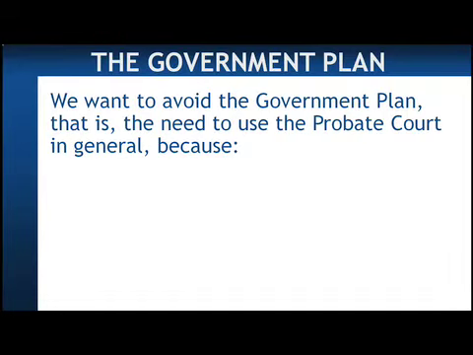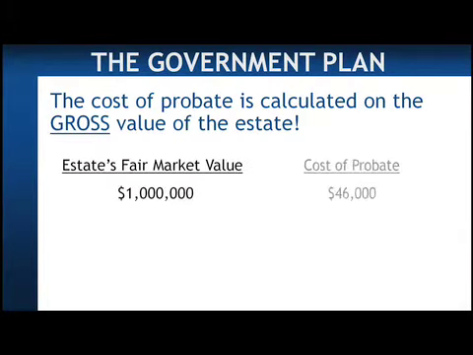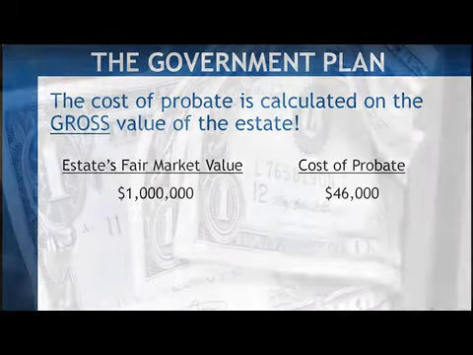We want to avoid the government plan, that is, the need to use the probate court in general, because probate is expensive. The costs of going through probate are substantial and are set by statute and/or the probate court. As an example, the cost of going through probate due to the passing of a loved one whose gross estate had a fair market value of $1 million is $46,000.